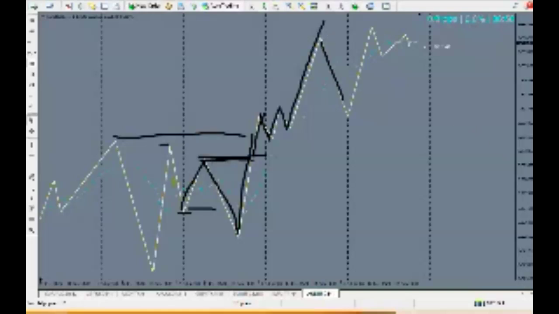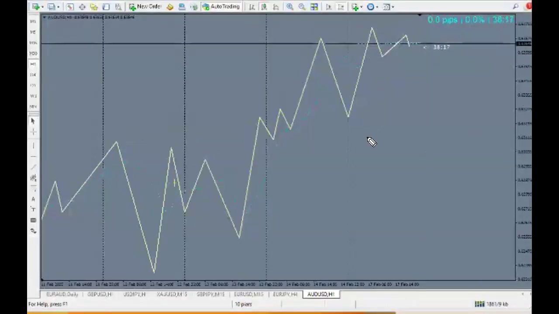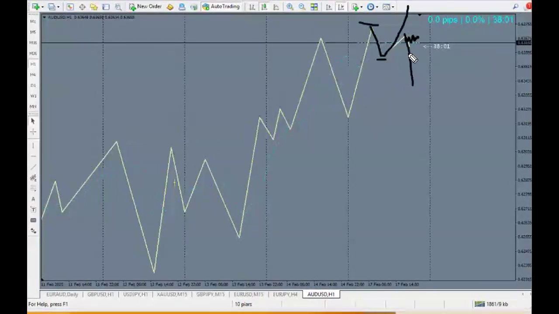Can you see it's making higher highs, higher lows? Right now it has given you a high, and then a potential higher low there. However, it's struggling here. Once it gives us a higher low, we expect that it should go higher, right? But if we come back down and break this low, that means it's beginning to change direction.